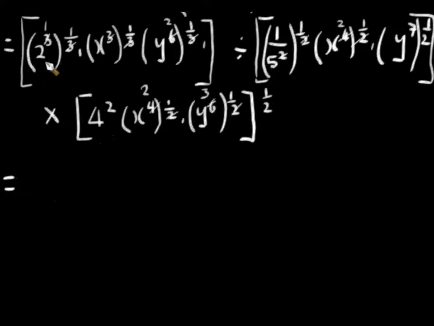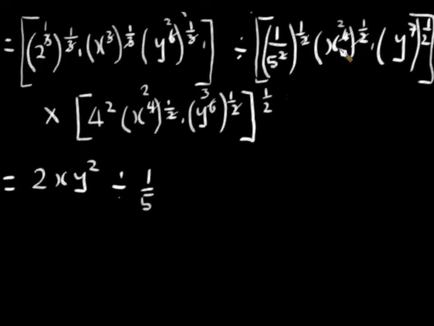So let's bring out what we have left and let's see how it goes. Now here we are left with 2 multiplied by x multiplied by y raised to power 2. So this gives us 2x y raised to power 2. In the second bracket we have divided by, now we are left with just 1 over 5 here, right? So this will give us 1 over 5.